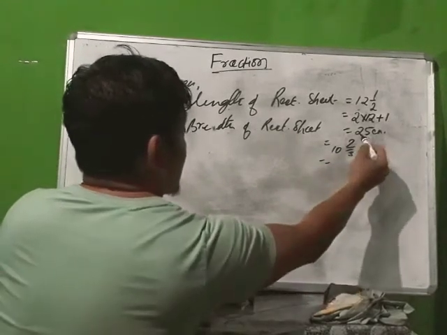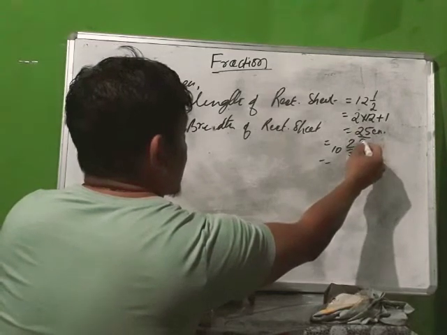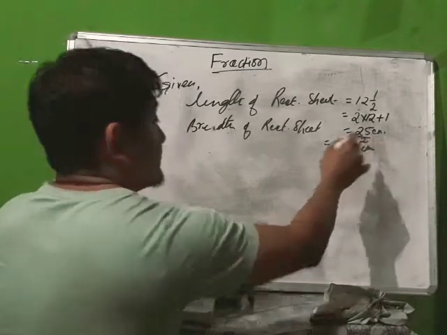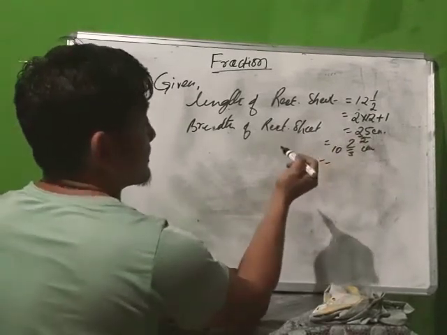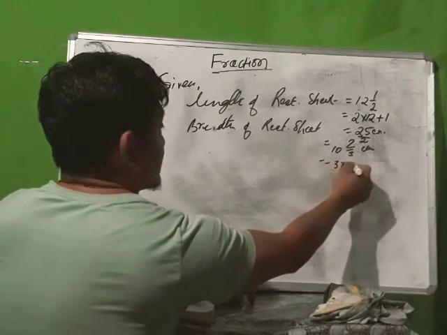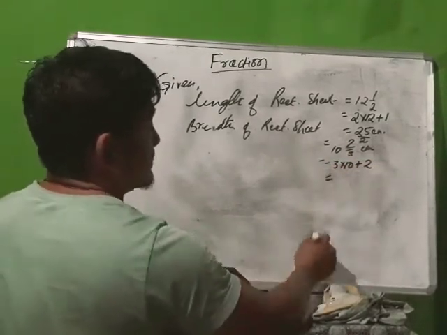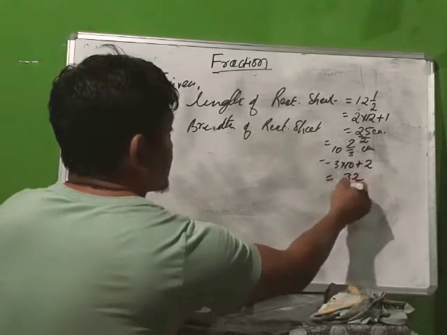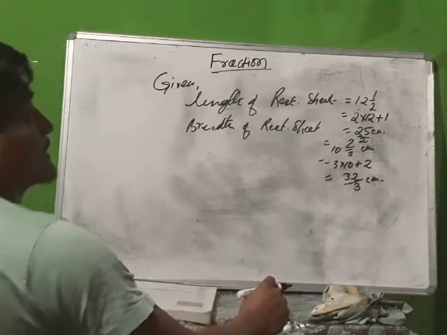Here we have just missed out writing the 2 here. You need to write 25 divided by 2. Okay, so this is the length, 25 divided by 2, and here you have the breadth. You just multiply 3 by 10 and add 2. So you will get 30 plus 2, that will be 32. So 32 by 3 centimeter is the breadth. Okay.